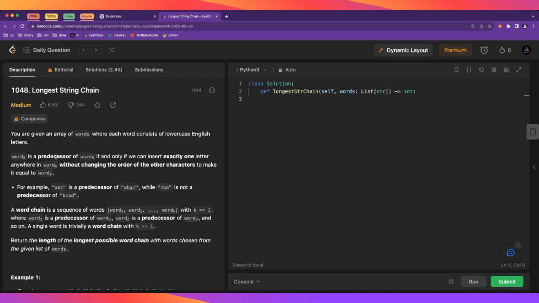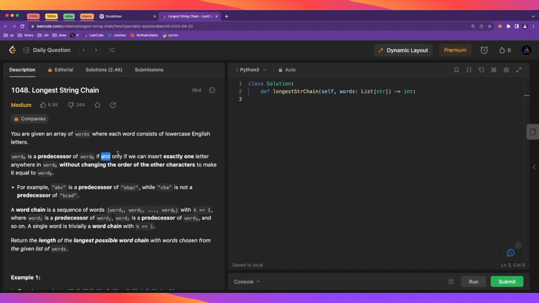This vocabulary of predecessor and successor, which is not used here, but if A is a predecessor of B, in this case you can call B the successor of A. Also this idea of a chain is similar to a path in a graph.